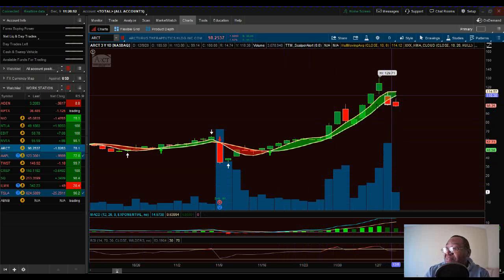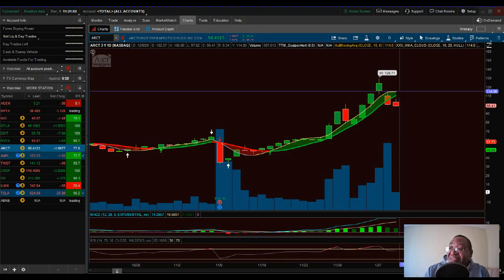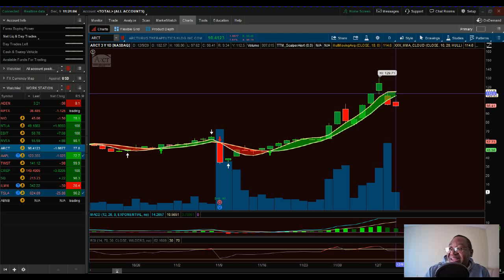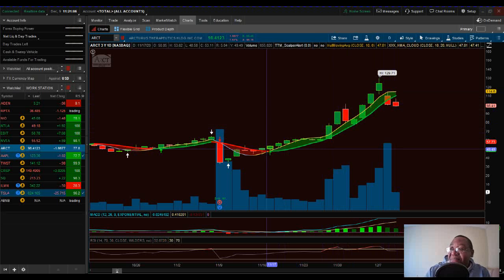This one right here looks pretty good at a 78 relative strength. Highly going up. Now, some people would say getting in right now might not be good because I've already missed the mark. And usually that could be true.